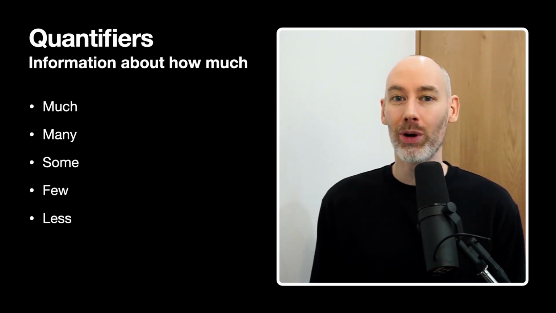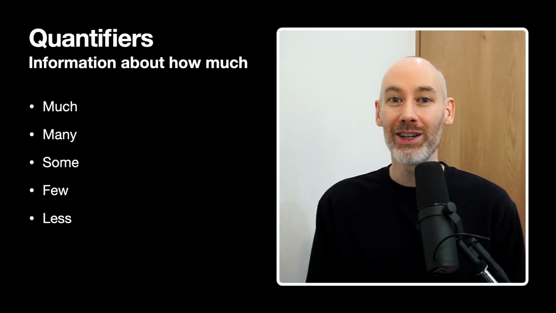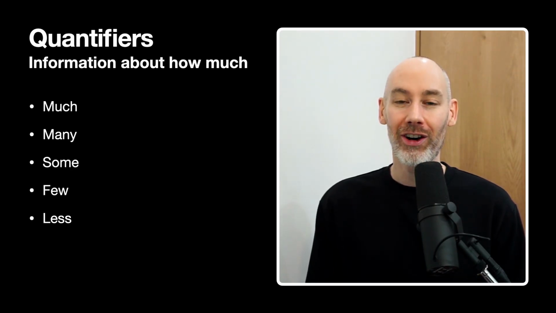Okay, when I'm talking about these kinds of words, they are called quantifiers. So if you hear me use this word quantifier, now you know what it means. And one thing that's a little bit confusing is that sometimes we use certain quantifiers with countable nouns and different quantifiers with uncountable nouns. And then there are some quantifiers that work with both kinds of nouns. And I'm going to go into that in a bit more detail right now.